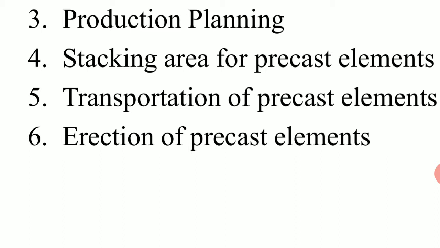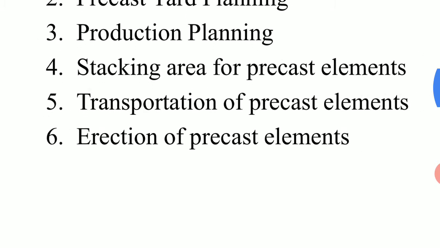Because in later stages, if a single element is missed, that work will be incomplete, and the duration of that work may get extended, right? To avoid all this, in production planning we need to take care of the resources required, which type of resources are required, and how many days are required to complete the different elements. So each and everything we are going to plan in the production of the precast elements.